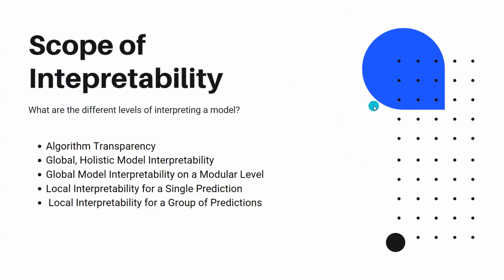So there are, as we said, several levels of interpretability, and we will go through each one of them right now. The first level is algorithm transparency. Algorithm transparency means, how does the algorithm create the model? Let's say we are building something like linear regression.